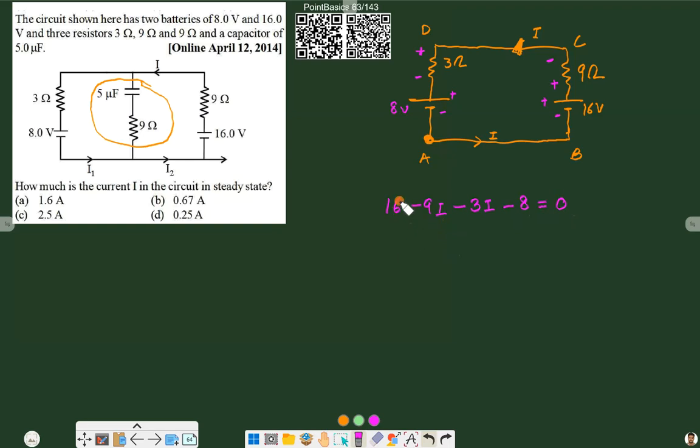So 16 minus 8 is 8, equal to 12I, and I is equal to 8 by 12, or 2 by 3, that is 0.67 ampere. Option B will be the right answer.